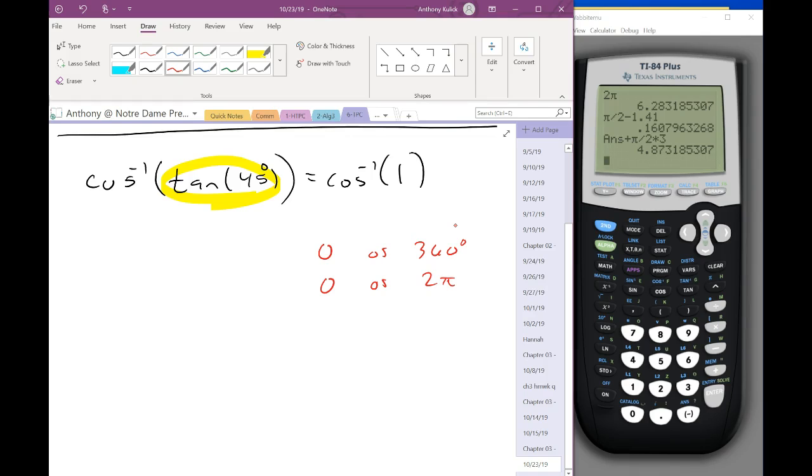In that case, we're going to assume it's just the range for cosine inverse that our calculator would use.